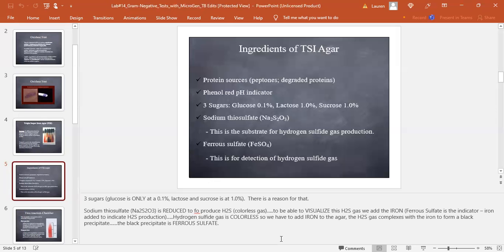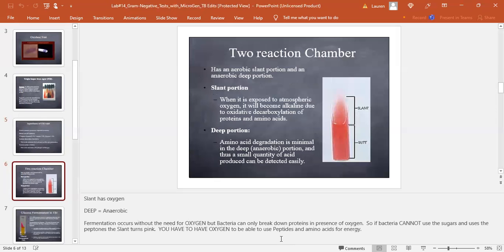Now that we know the ingredients and where they're located, let's go on to the types of reactions that can occur in the slant and the butt. The slant portion is aerobic, and you can even see some bacteria grow on the slant portion on top.